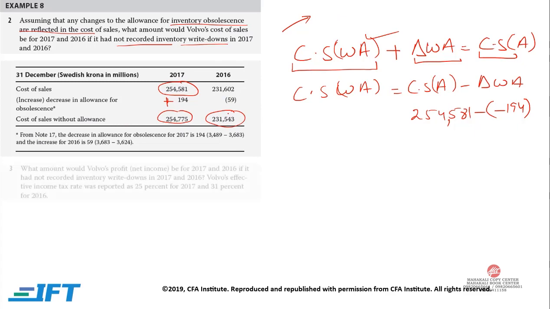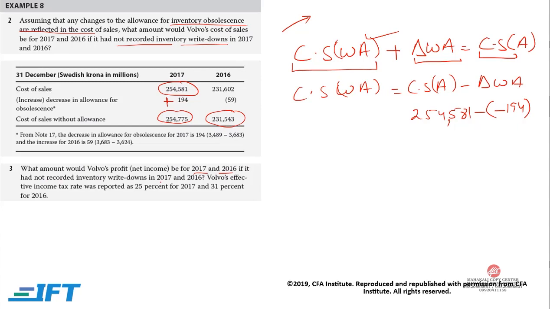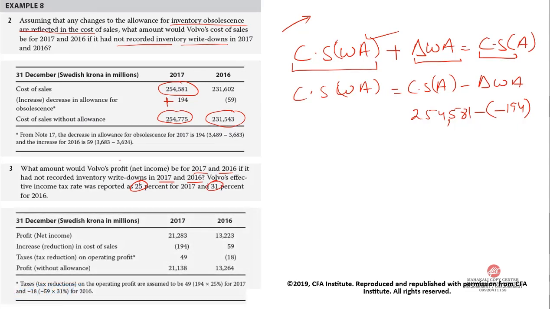What amount would Volvo's profit be for 2017 and 2016 if it had not recorded inventory write down in 2017 and 2016? Volvo's effective income tax rate was reported as 25% for 2017 and 31% for 2016. Now this is our profit with allowance.